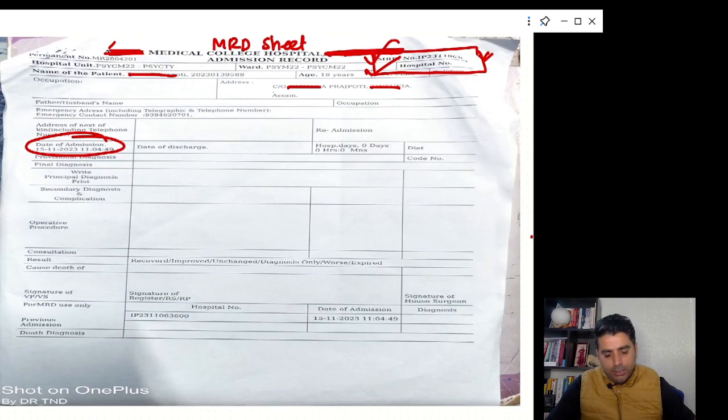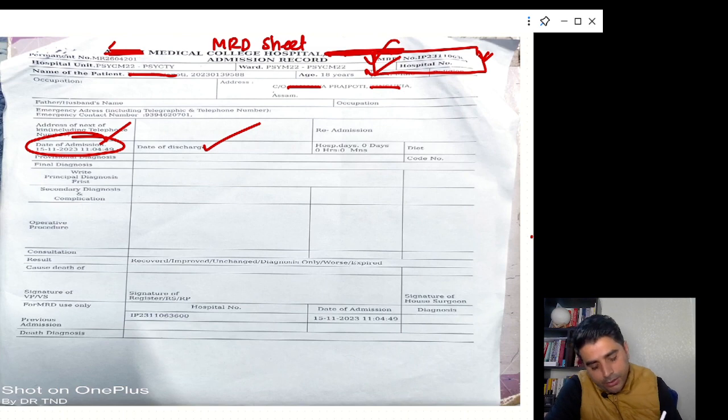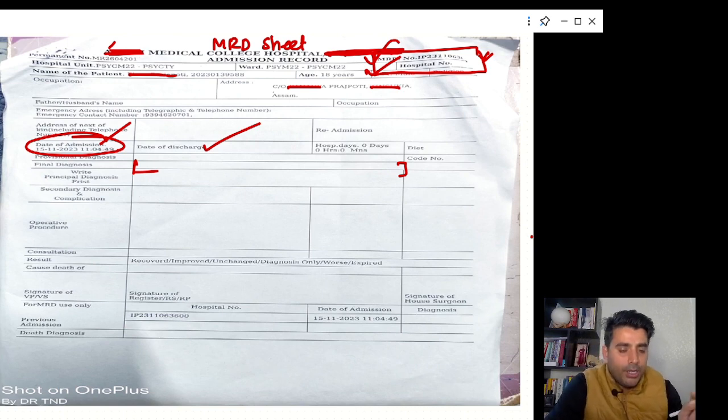So this is all about the discharge certificate, but you need to fill up the MRD certificate. In the MRD, the date of admission is already there. You need to write the date of discharge. Here you need to write the final diagnosis, and the final diagnosis should be written in words. That means, for example, if it is alcohol, mental and behavioral disorder because of alcohol use, or currently delirium with seizure and all.